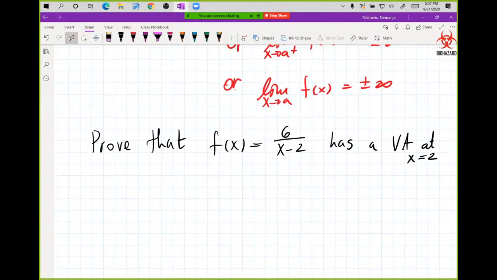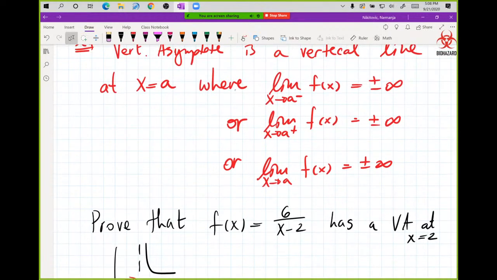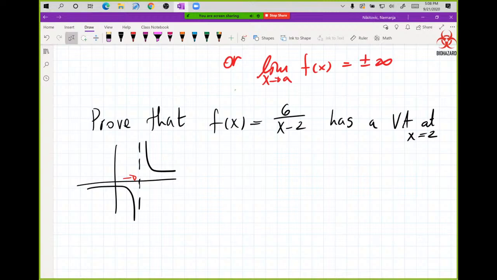So your job is to go in and say, this is a shift to the right 2 units. So the graph is going to be shifted 2 units this way. And since I just need one of them to be infinity, these are all or. So I can have one of them or all of them, doesn't matter. As long as I have one of them be infinity, I'm good to go.